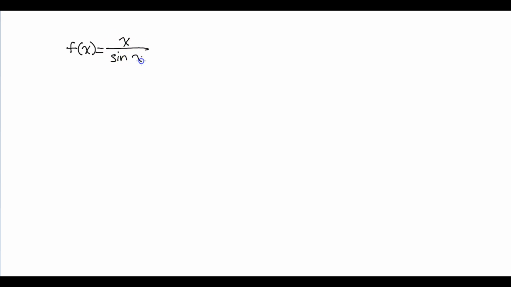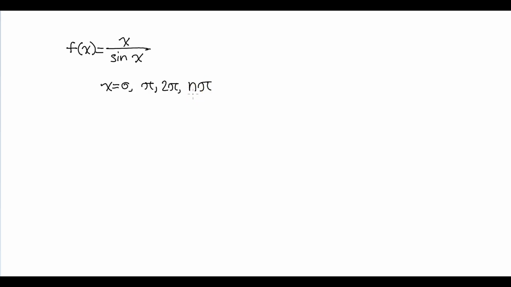We have some trigonometric functions going on here. Where are all the values where sine of x equals 0? Well, x could equal 0, x could equal pi, x equals 2 pi, and so on. So it'll be some integer n times pi.